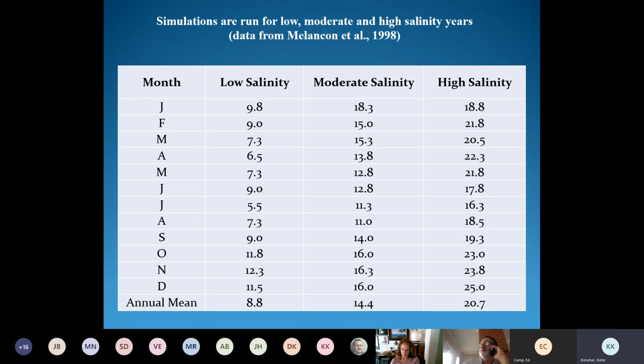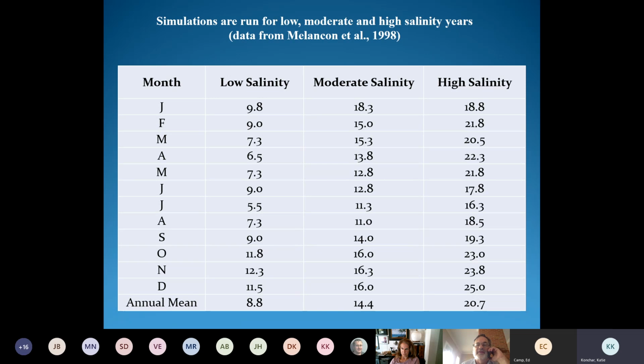Now, salinity is much more unpredictable. So what we've done is develop scenarios for low salinity, moderate salinity, and high salinity. This is done by month because calculations of growth and mortality are made on a monthly basis.